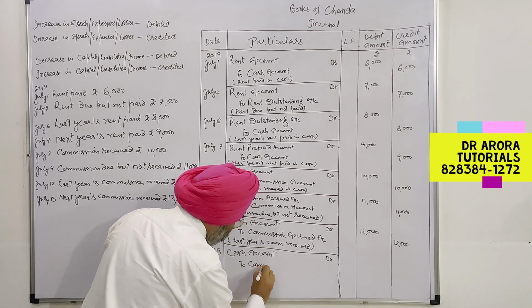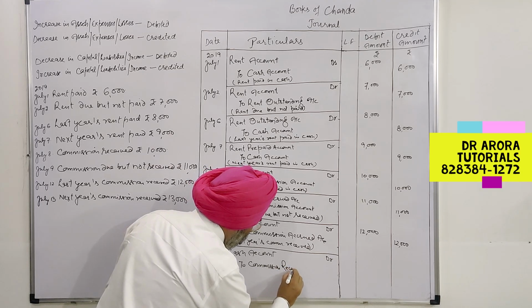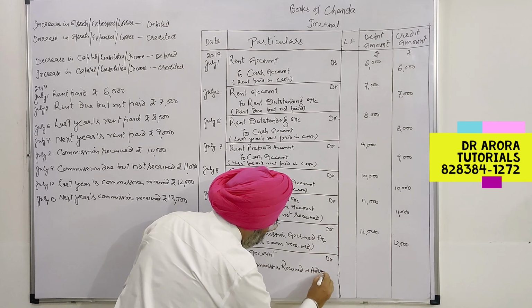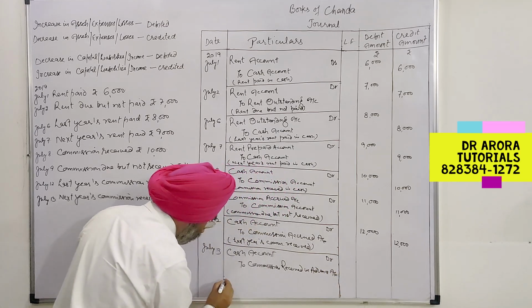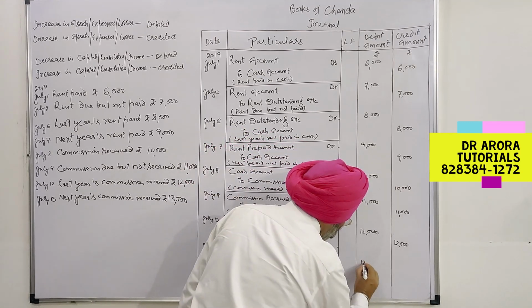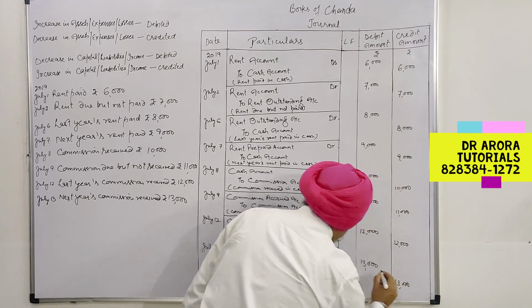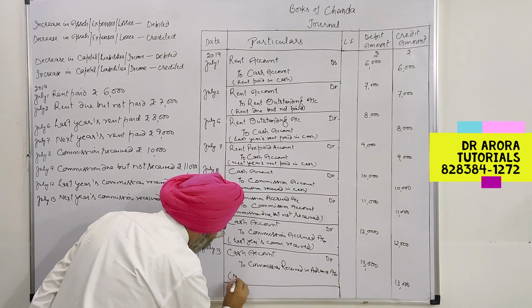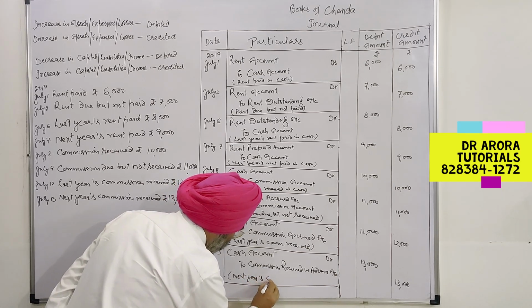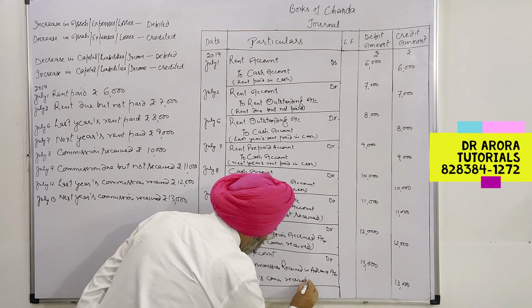It is commission received in advance account with rupees 30,000. So next year's commission received in cash.